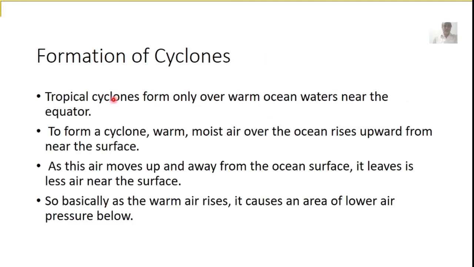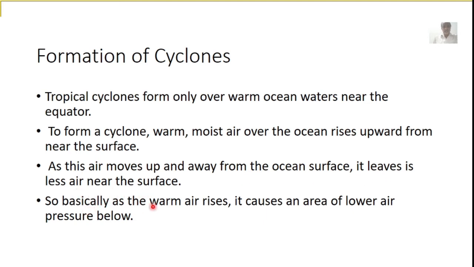Formation of cyclones. Tropical cyclones form only over warm ocean waters near the equator. To form a cyclone, warm, moist air over the ocean rises upward from near the surface. As this air moves up and away from the ocean surface, it leaves less air near the surface.